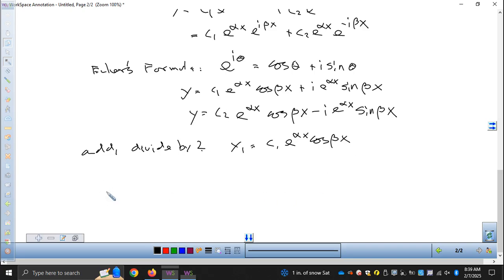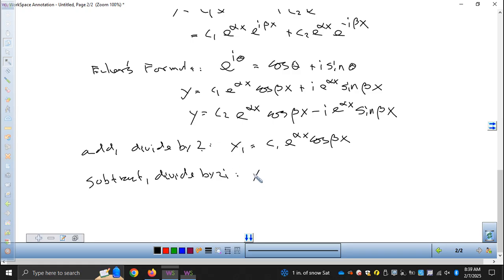And then we're going to subtract. Well, if we subtract, we get 2i e to the alpha x sine beta x, and then we divide by 2i, because sums and multiples of solutions are still solutions.